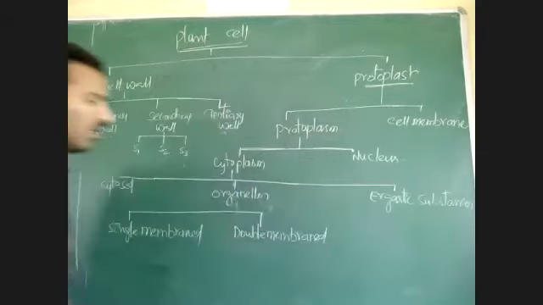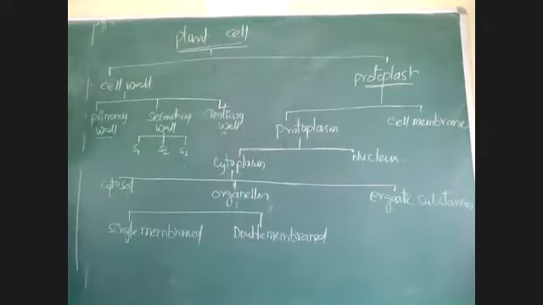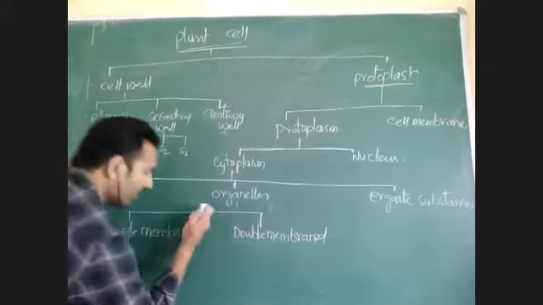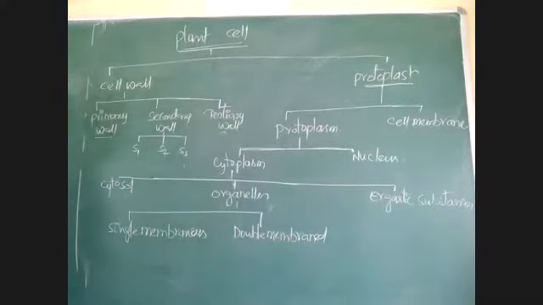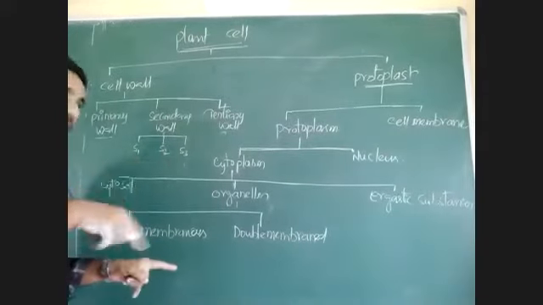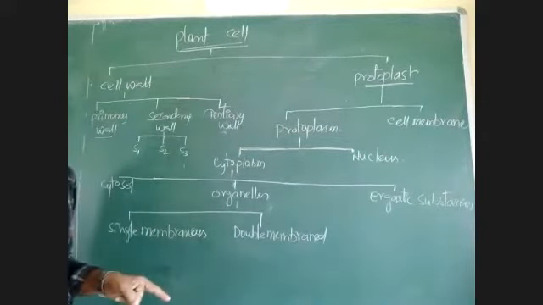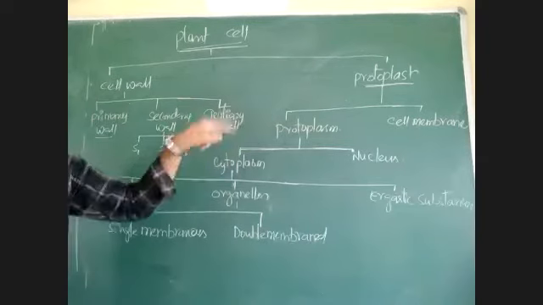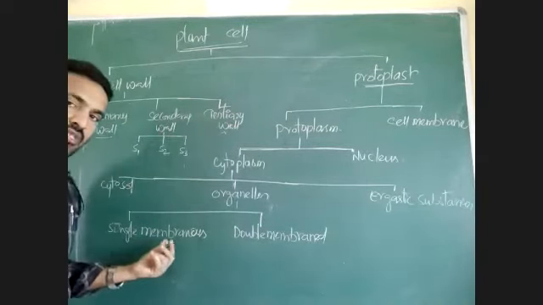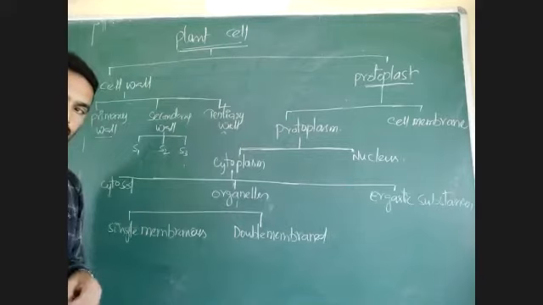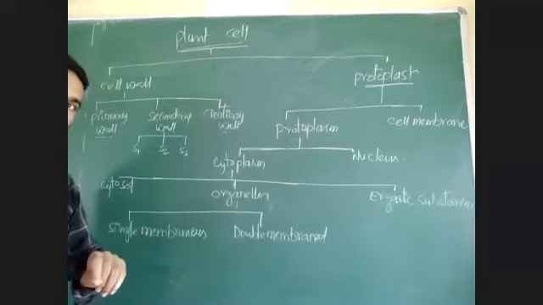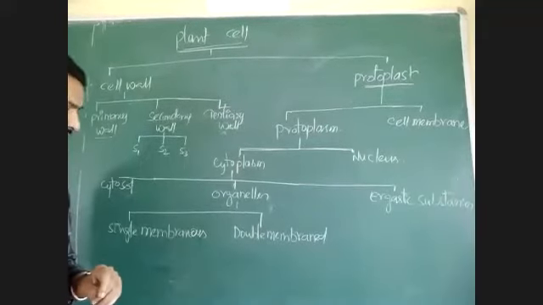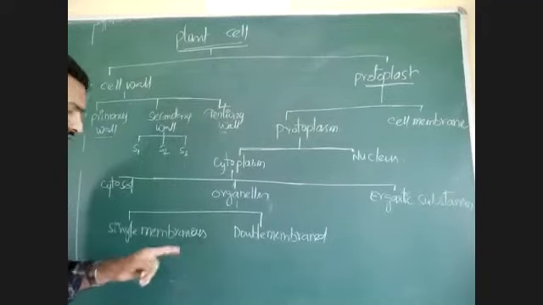Single membranous means only one membrane is present, like the plasma membrane, the cell membrane around the cell. Then, for example, the nuclear membrane, I told you. The nuclear membrane is a membrane which is present around the nucleus. That is what we call the nuclear membrane.